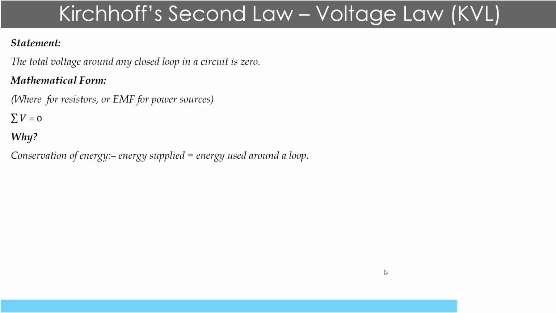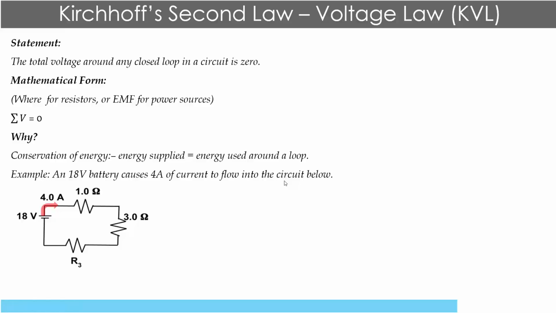So let's look at an example of how to use Kirchhoff voltage law, a simple example. In the example, it says that an 18-volt battery causes 4 amps of current to flow into the circuit below. And we have the circuit below.